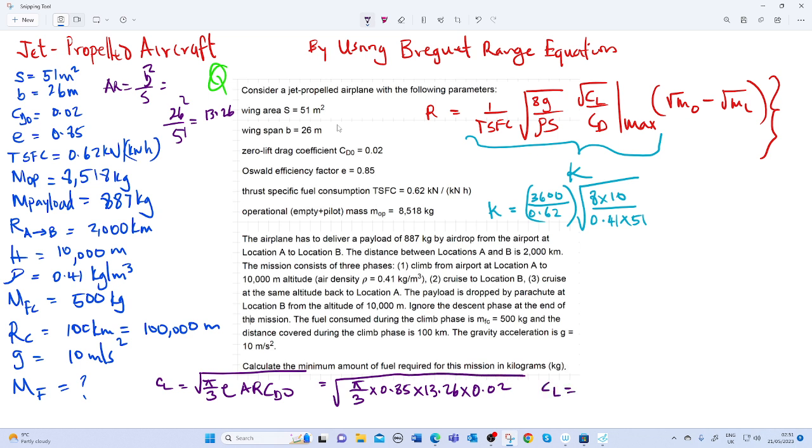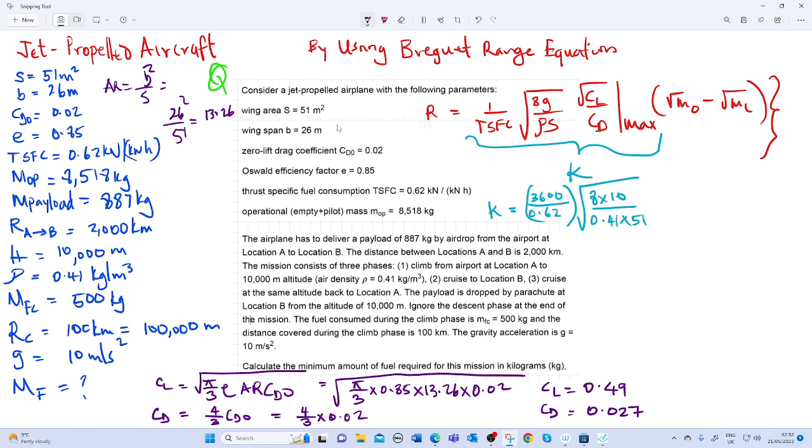So therefore, our CL becomes 0.49. Don't let us forget our CD equals 4 over 3 CD0. So it becomes 4 over 3 multiplied by 0.02. So our CD equals 0.027.